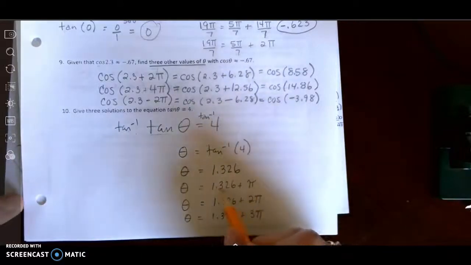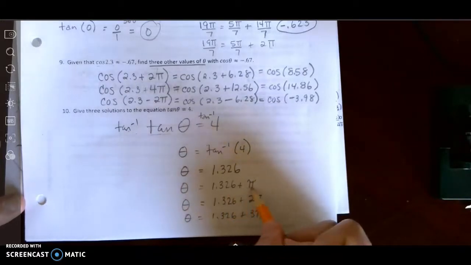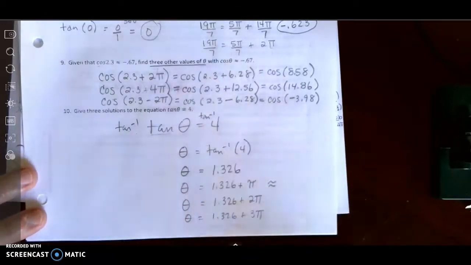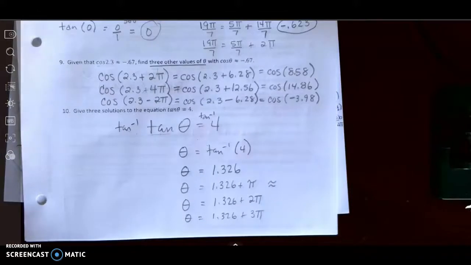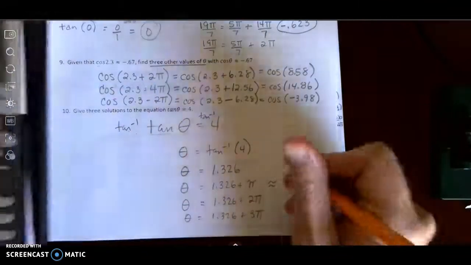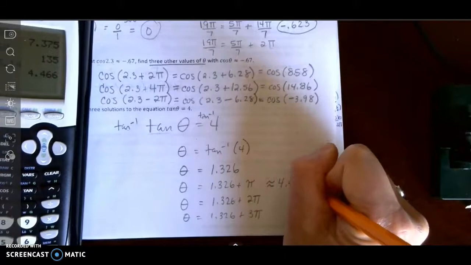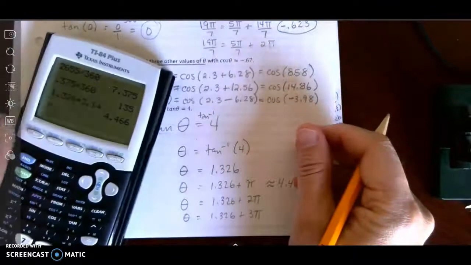If I want it to be exact, I should probably leave it as plus pi rather than adding 1.326 and 3.14. But if I did do that and I wanted an estimate for that, let me see, what is 1.326 plus 3.14? I get approximately 4.466. So I did that on my calculator there.